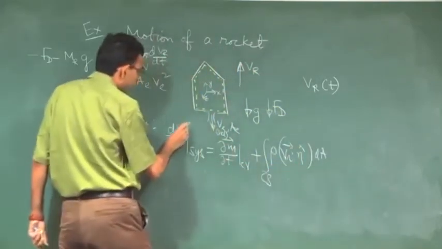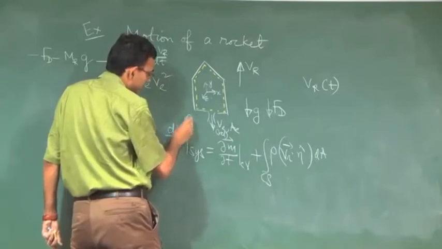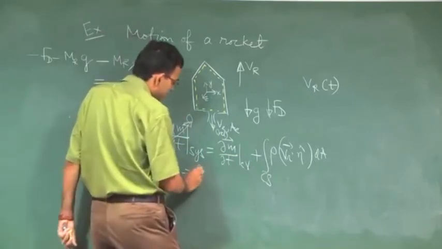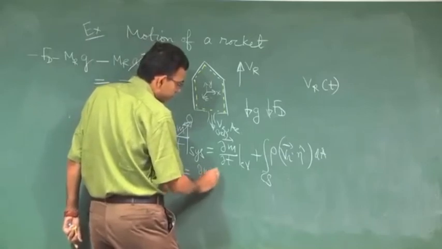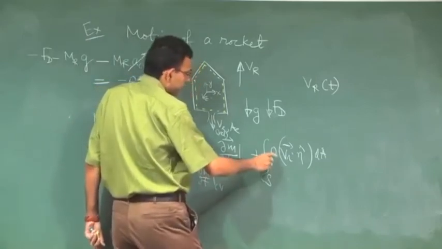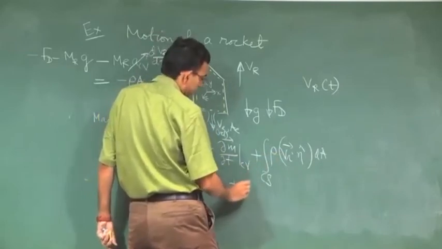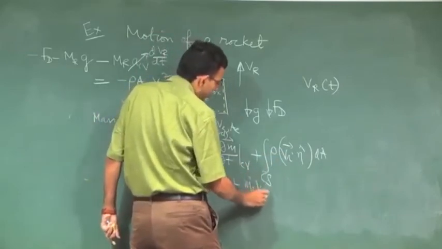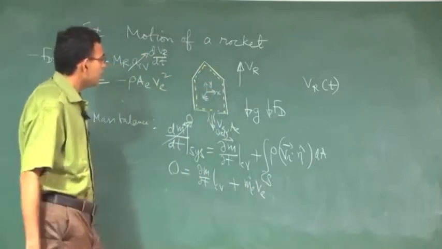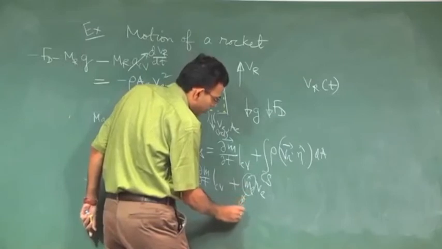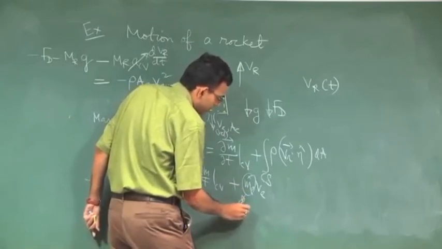So, this is 0, so this is 0, so this is m dot E into VE. m dot E is rho E into AE.